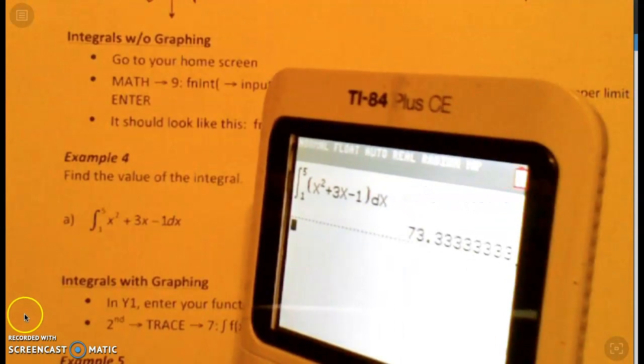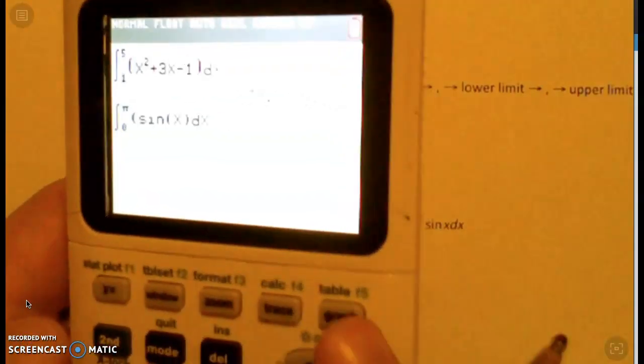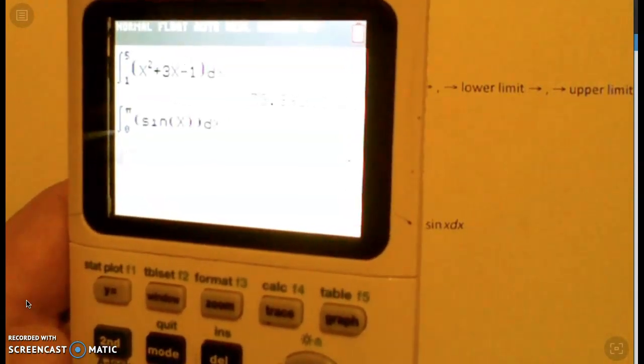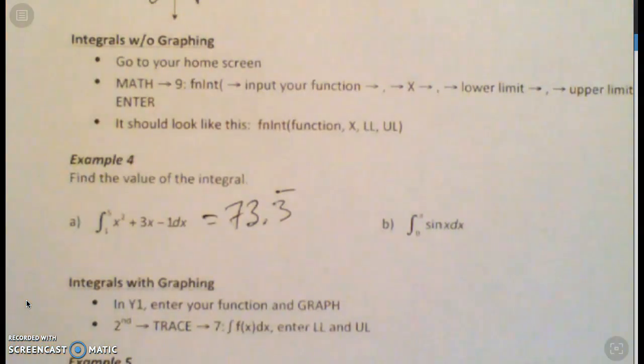Isn't that awesome? Cool stuff, huh? I can do the integral with sine. I'm still in radians, and I hit enter, and it has a nice area of 2. Kind of cool, right? Nice stuff.